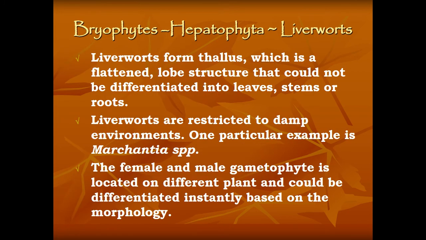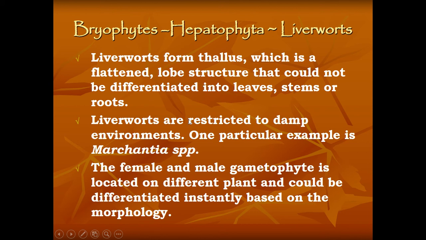So the next group of bryophytes is the phylum Hepatophyta, known as liverworts. Liverworts form a thallus, which is a flattened lobed structure that cannot be differentiated into leaf, stem, or roots. So they have a special thallus.